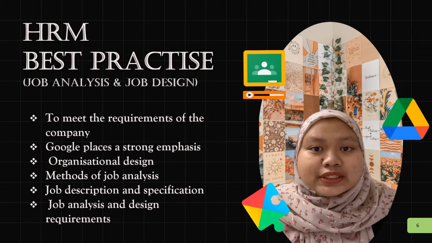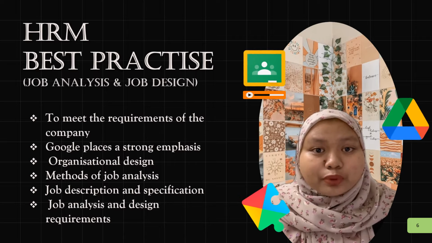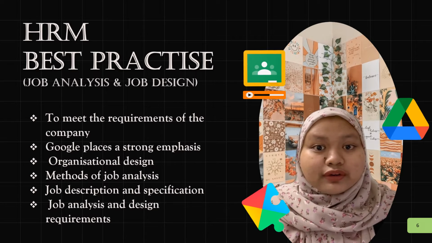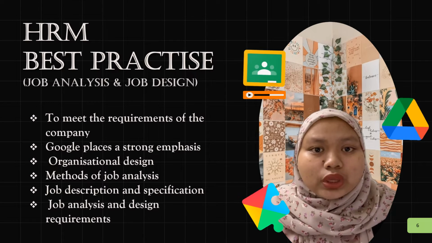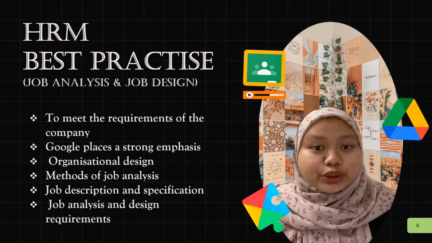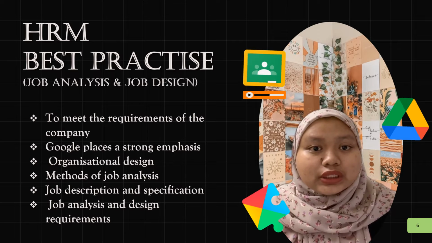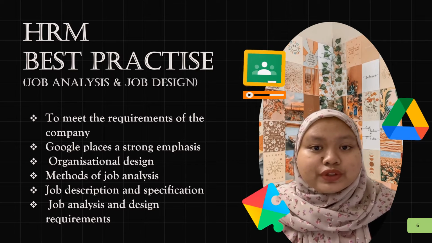Google employs a number of different job analysis approaches, some of which are focused on the workers and others on the task itself. Google places a strong emphasis on worker-oriented job analysis methodologies in roles within the company that need considerable amounts of interaction with others, such as human resource management.